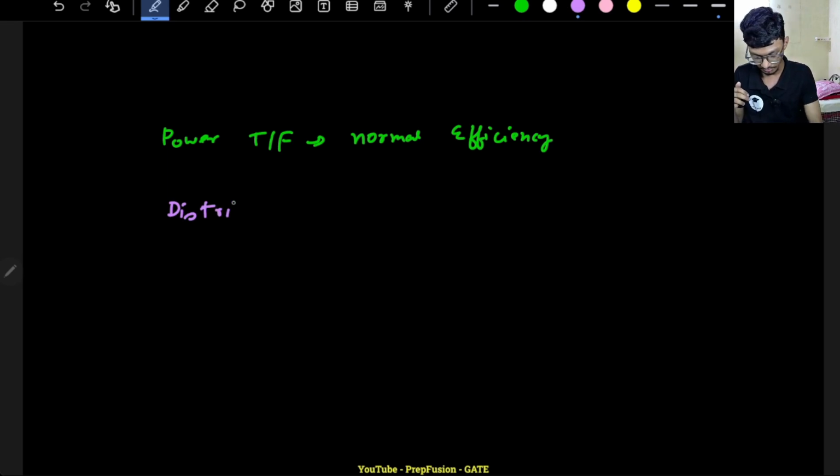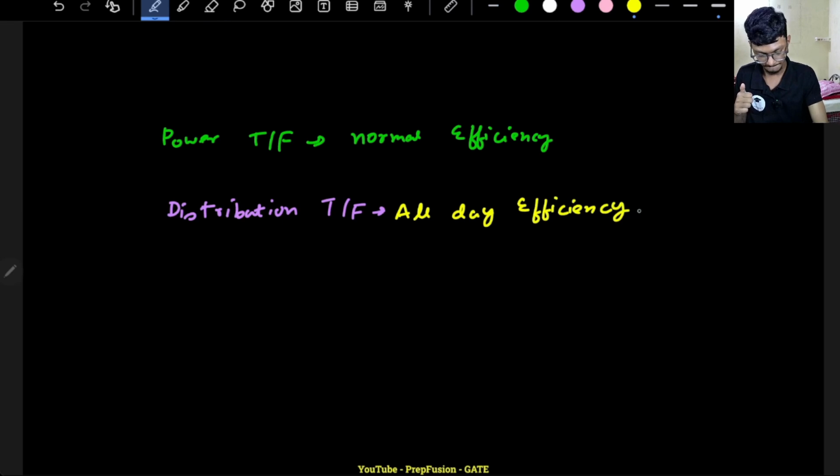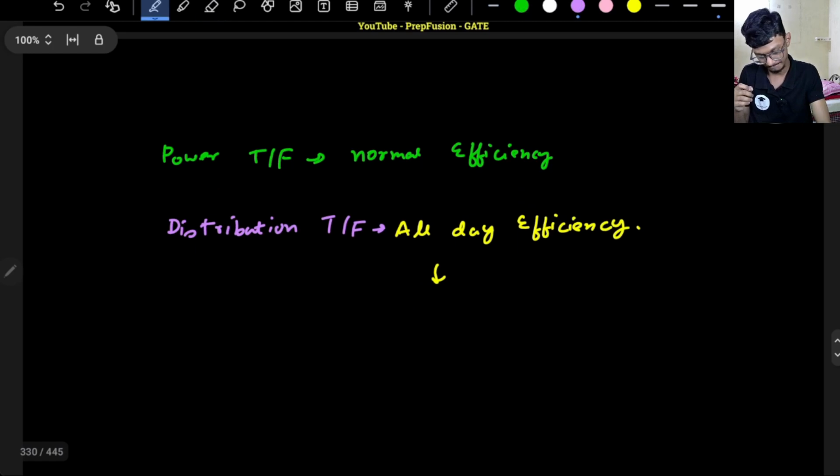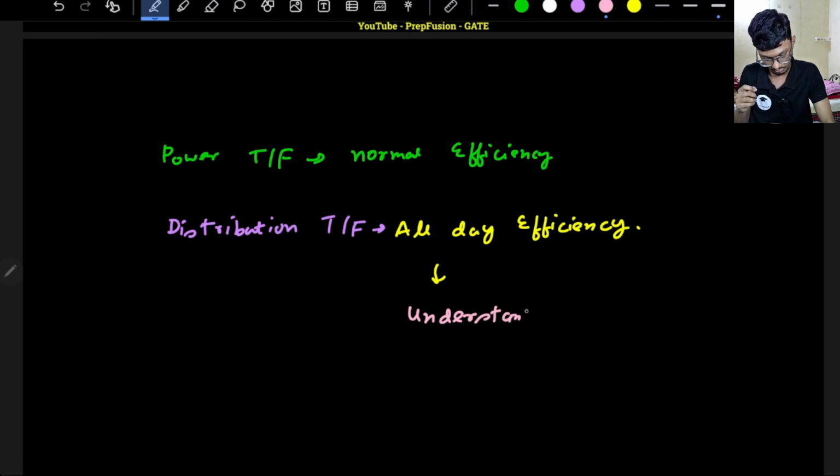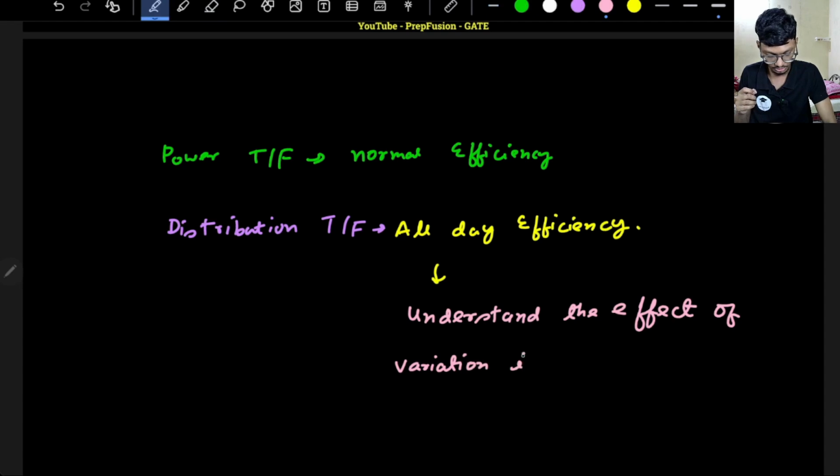So if it's a distribution transformer, then the best metric to calculate is actually the all day efficiency, because we have to understand the effect of variation in load throughout the day.